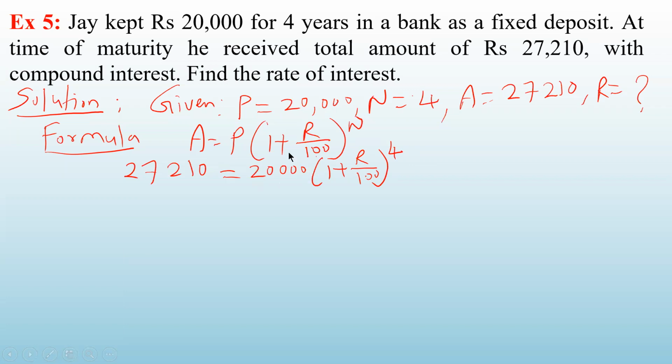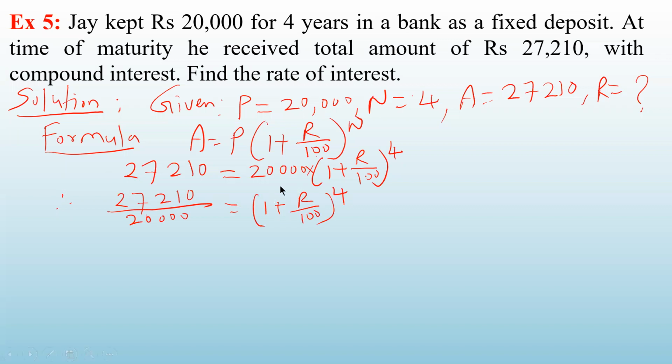Now what you will do, shift this 20,000 to the other side. So it will divide because there is a multiplication here. Therefore, 27,210 divided by 20,000 is equal to 1 plus R upon 100 raised to power 4.